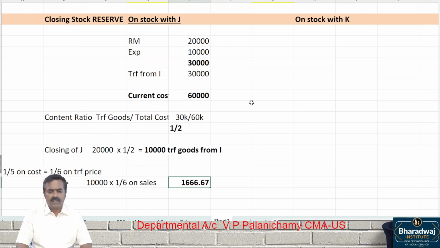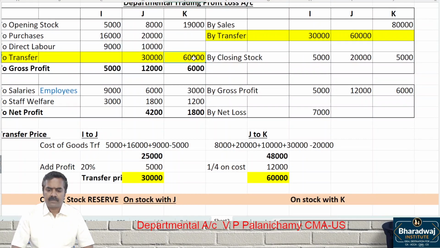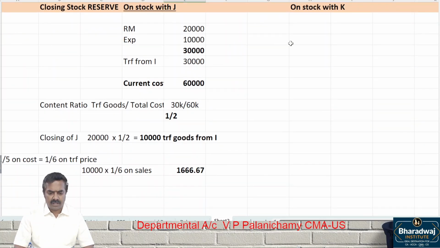Let us see. Then on stock with K, wait. On stock with K, pay attention. What is the current content cost? 60,000. Yes, 60,000 is the current content cost. Now, what is the stock with K amount? 5,000.